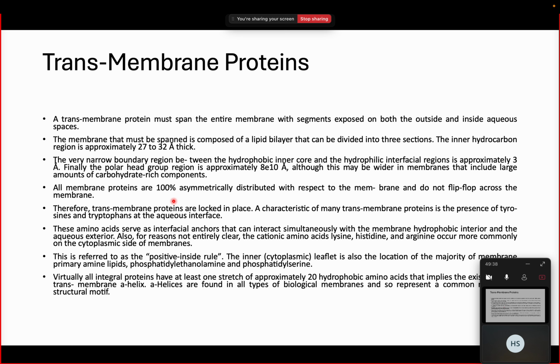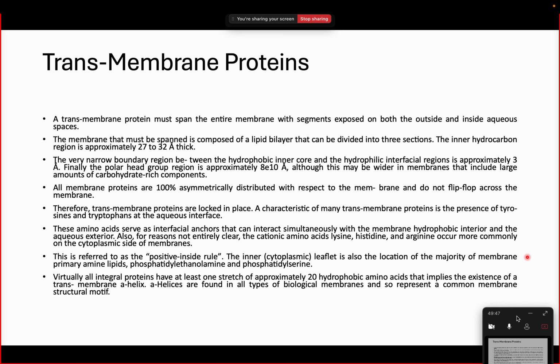The inner cytoplasmic leaflet is also the location of the majority of the membrane primary amine lipids such as phosphatidylethanolamine and phosphatidylserine, indicating that PE and PS will be more commonly present in the lower leaflet, or the leaflet which is facing the cytoplasmic side.